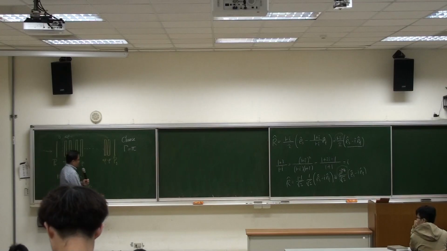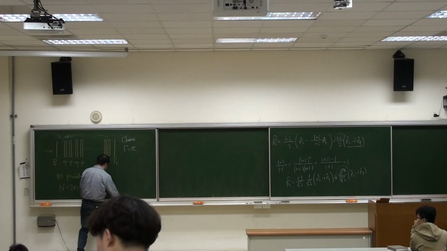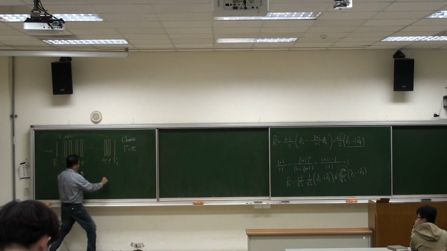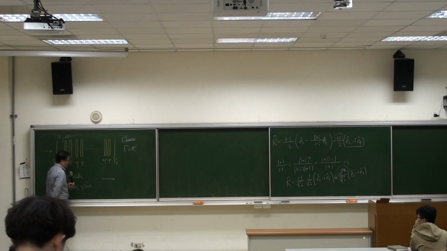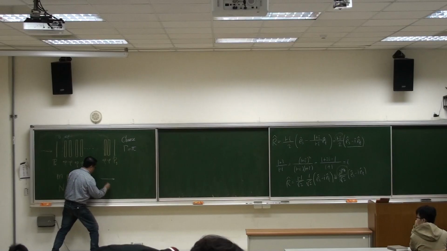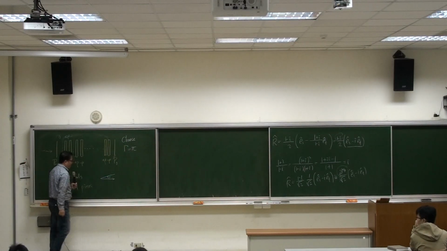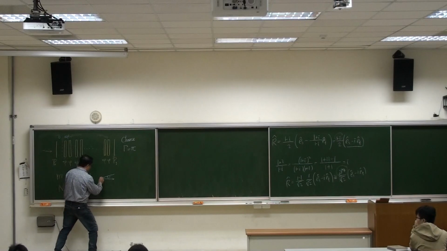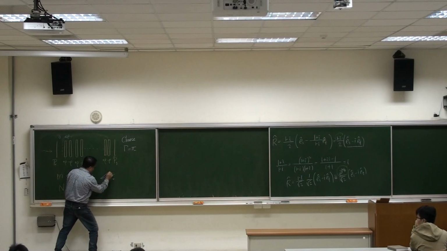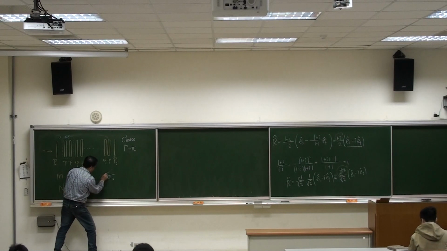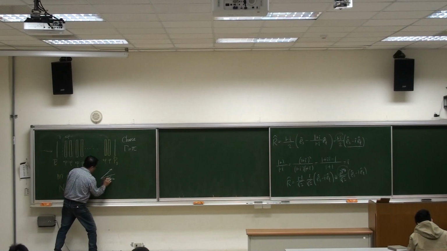So originally we have this horizontal polarization, and rho is the wave plate orientation, and the new polarization becomes 2 rho.